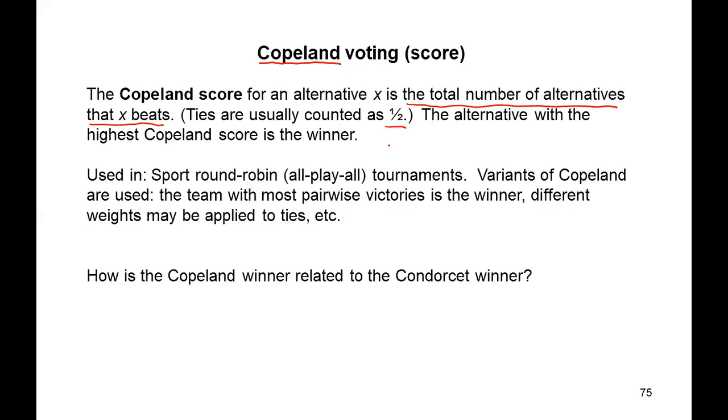Of course, it is used in sport, round robin, all play all tournaments. And there are many variants of Copeland method. The team with most pairwise victories is the winner. There may be different weights that are applied to ties and so on. I'm sure that you are familiar with different rules for different types of round robin tournaments.